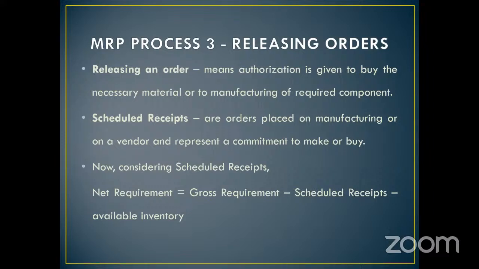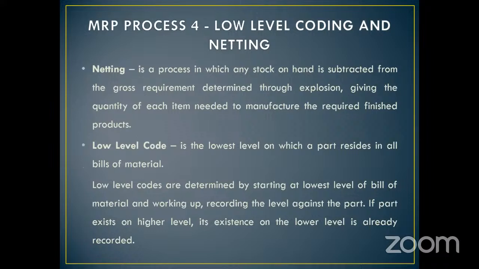Similarly, the scheduled receipts express the orders placed on manufacturing or on vendors, and that represents a commitment to keep the system busy. In the case of scheduled receipts, what you have to remember is that you only consider the scheduled receipts, because the net expected requirement can be calculated as the gross requirement minus the scheduled receipt of the inventory system.